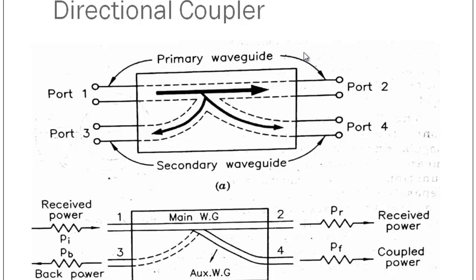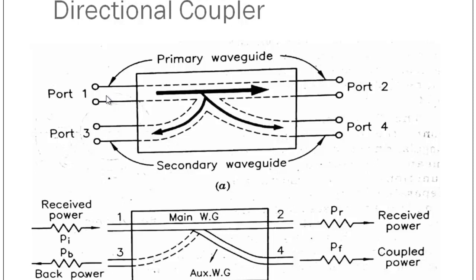So there will be no reflection of the power when it reaches the output terminal. Let us assume power is transmitted from port number 1 to port number 2. The power transmitted from port 1 to port 2 is coupled to port number 4 but not to port number 3.